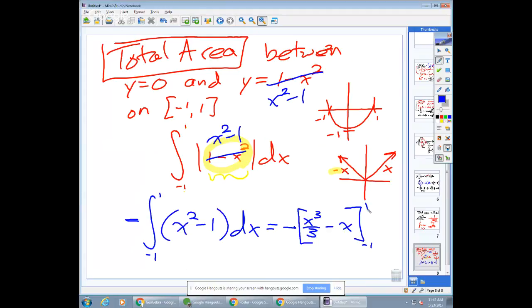Let's just keep going. Evaluating this, I have the opposite of parentheses. Plugging in 1 gives me 1/3 minus 1, minus plugging in -1, and -1 cubed is still -1, right? So that's going to give me a -1/3 minus -1, which is really +1.